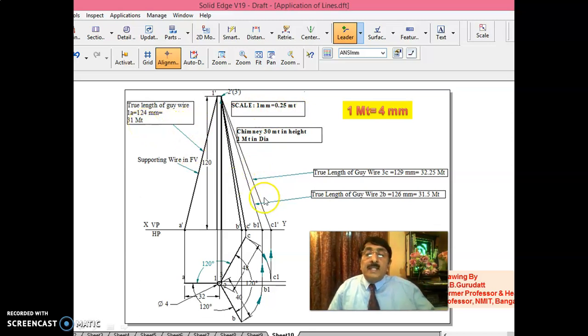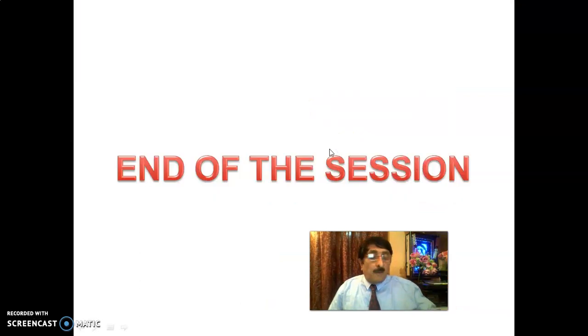In the same way, the true length of guy wire 2B is 126 mm. 126 into 0.25 will be 31.5 meters. The 3C guy wire is 129 mm, and multiplied by 0.25 you get 32.25 meters. These are all the answers for this problem.